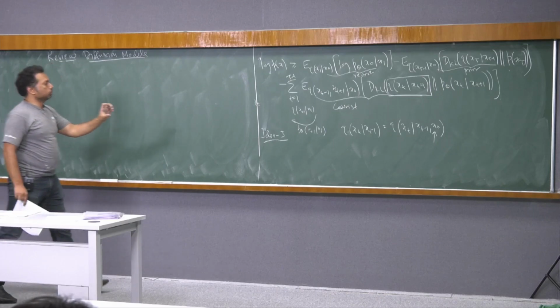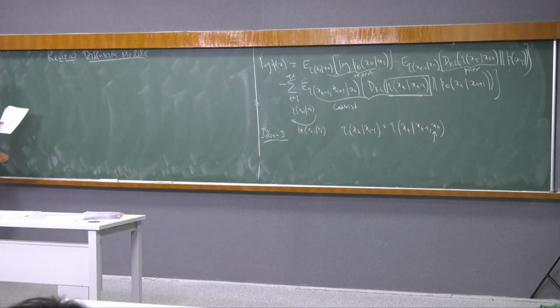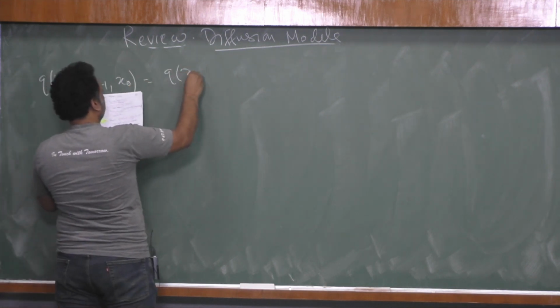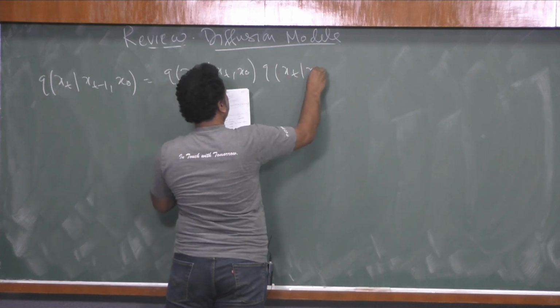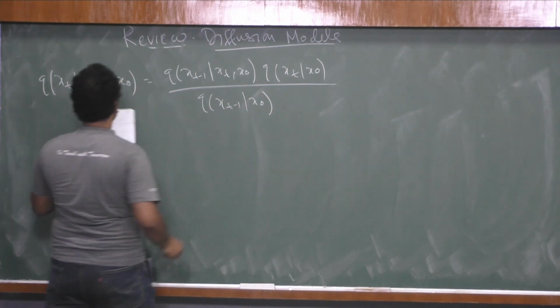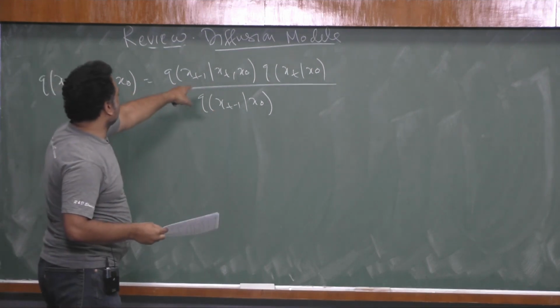So we use Bayes rule. The Bayes rule is a way to flip, right? But it will bring its own terms. So here what we use as a next step is x_{t-1}, and we included this x naught, and this is q(x_{t-1} | x_t, x naught) = q(x_t | x_{t-1}, x naught) q(x_{t-1} | x naught) divided by q(x_t | x naught), and we do these calculations again, basically replacing q by this new term.